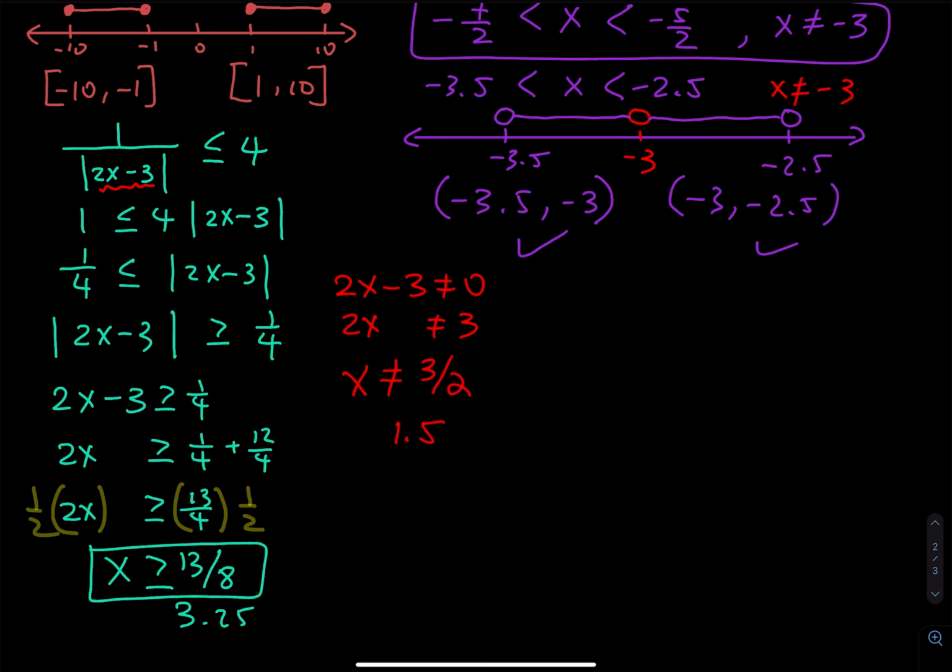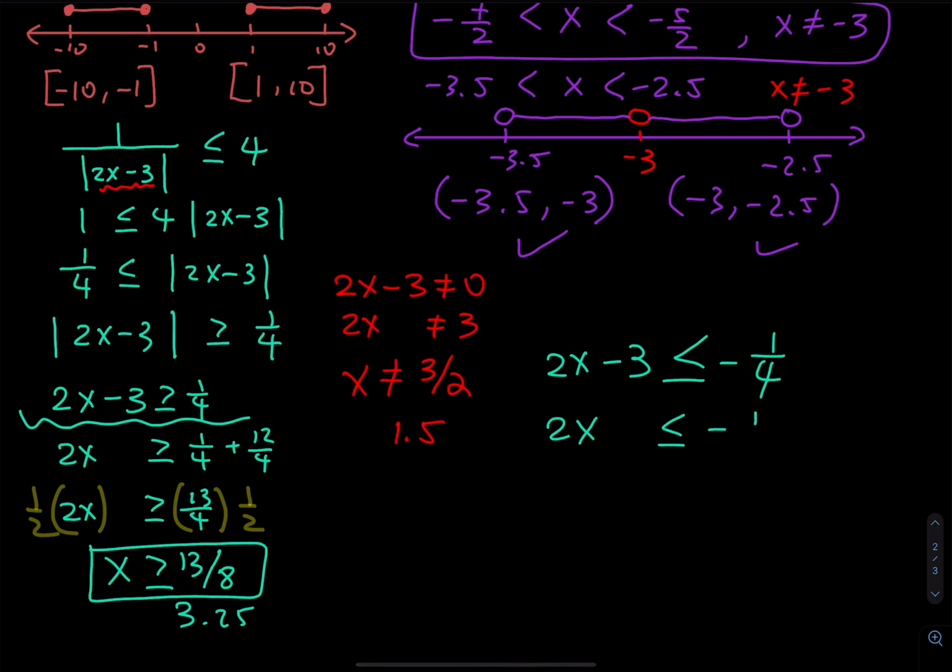And then how about the second inequality? The first one you have that, and then the second one will be 2x minus 3. Watch, reverse, and negative on the other side. Got that? So 2x less than or equal to negative 1 over 4, you add 3. So that will be 12 over 4.